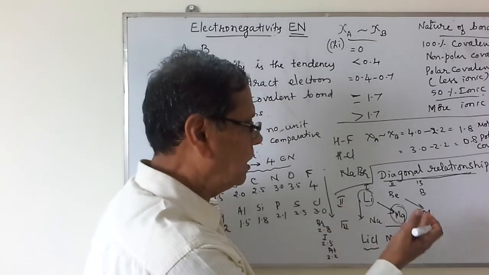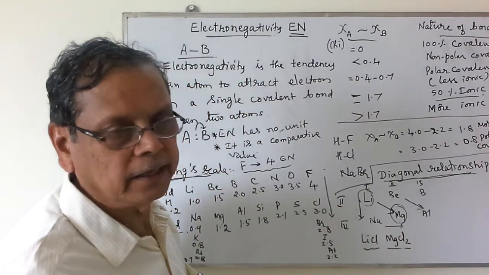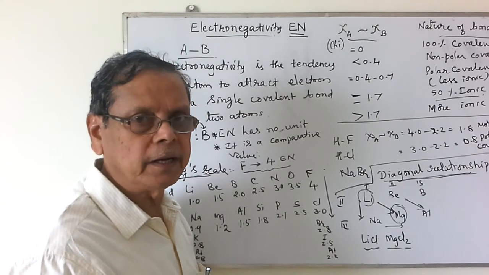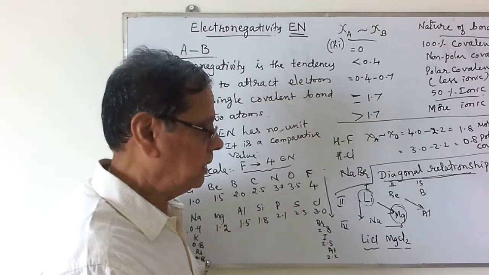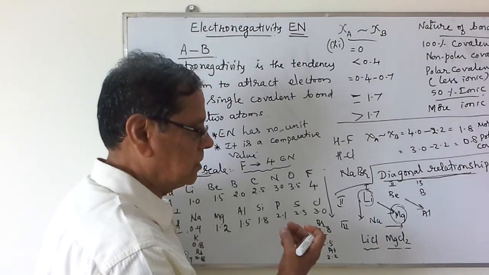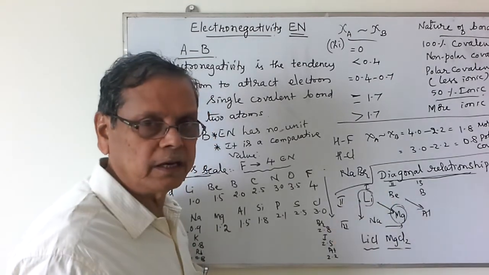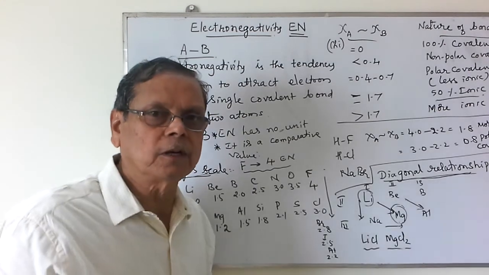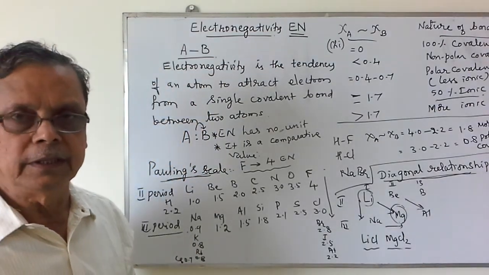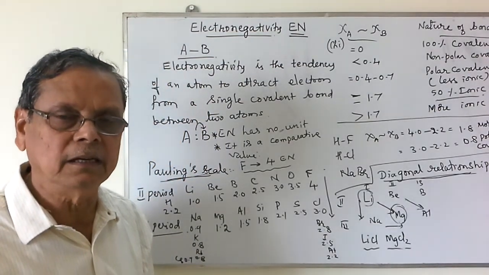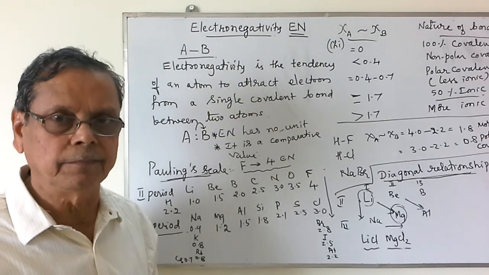Similarly, the ionization energy, the electron gain enthalpy, and especially crystal stability, we can explain by considering this diagonal relationship. There are some more topics like valency, the chemical nature of the oxides, etc., that we shall discuss in the next video. Thank you.